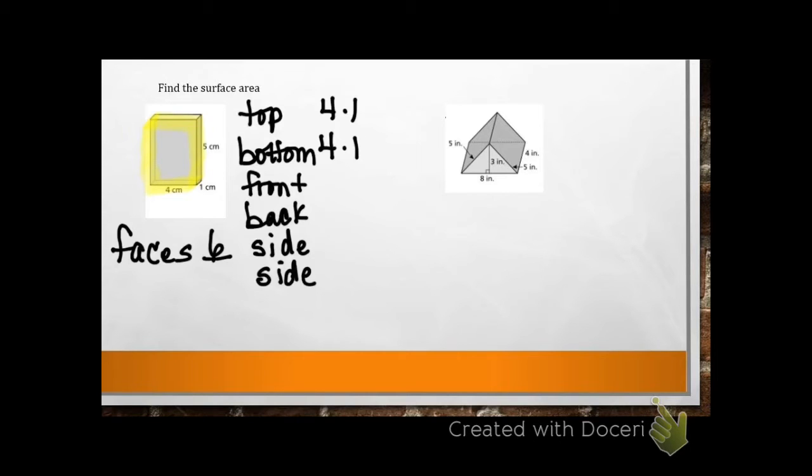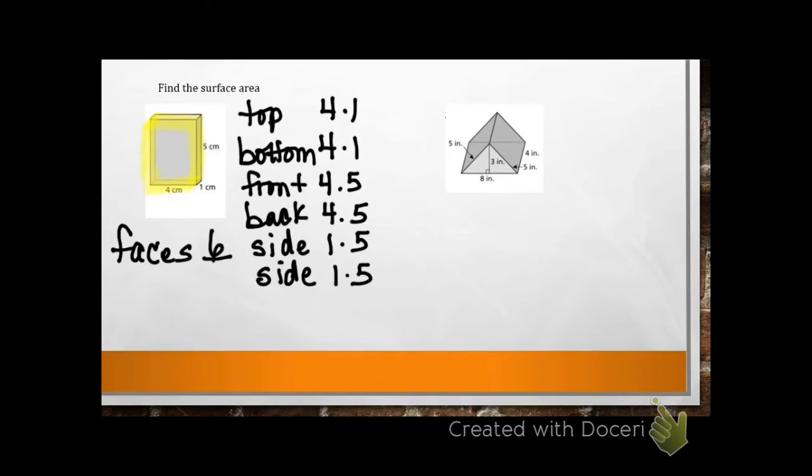So my front and my back are both 4 times 5. Then my sides are these long, narrow sides, like the long sides on your cereal box. Those are 1 by 5, or 1 times 5.